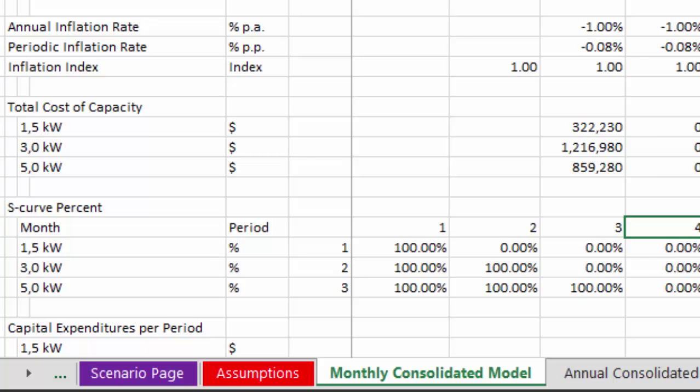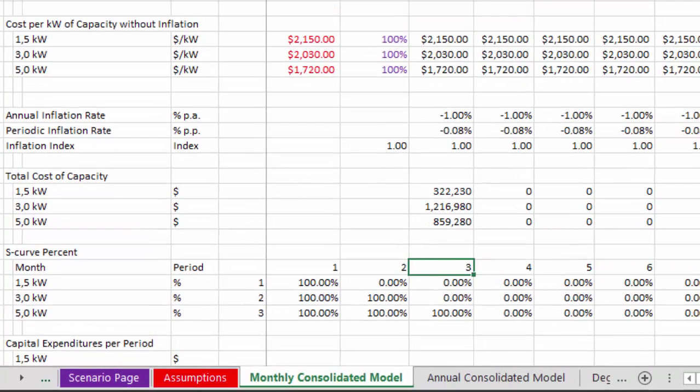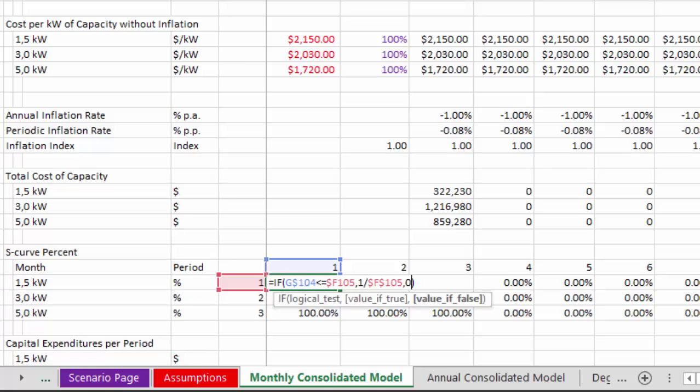I suppose we could even make it so that we could have a longer S-curve. Let's go all the way to 12 months, which is, I think, absurd. You didn't make any mistake. I made the mistake.